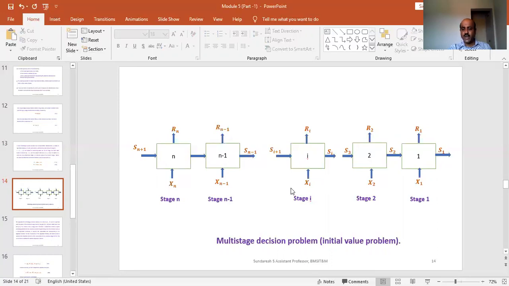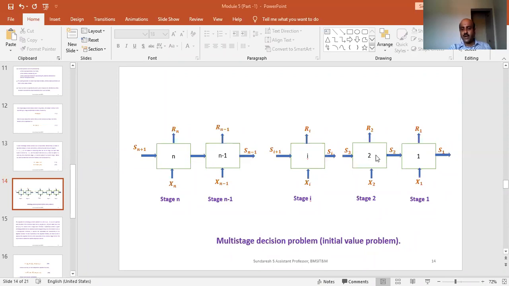So like that, we can have n number of stages, and here we have Si plus 1. Si plus 1 is the input to the ith stage, whereas the output is Si. And correspondingly, we have a decision variable Xi and the return function Ri.